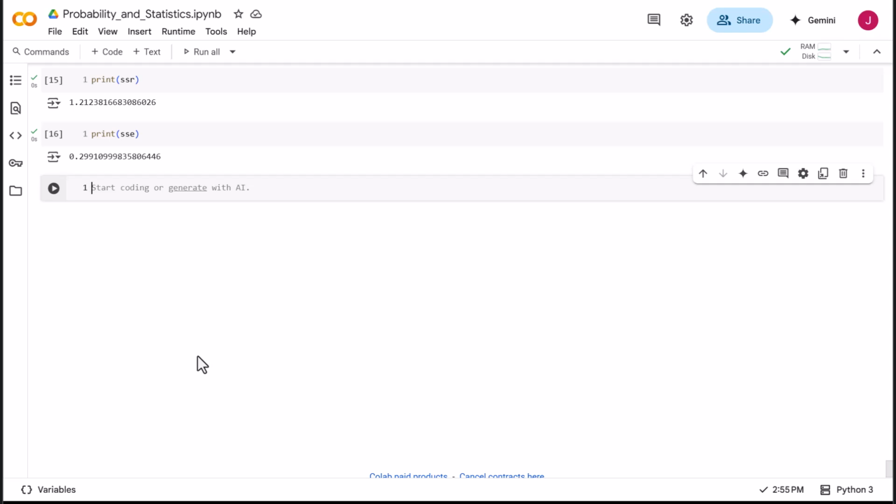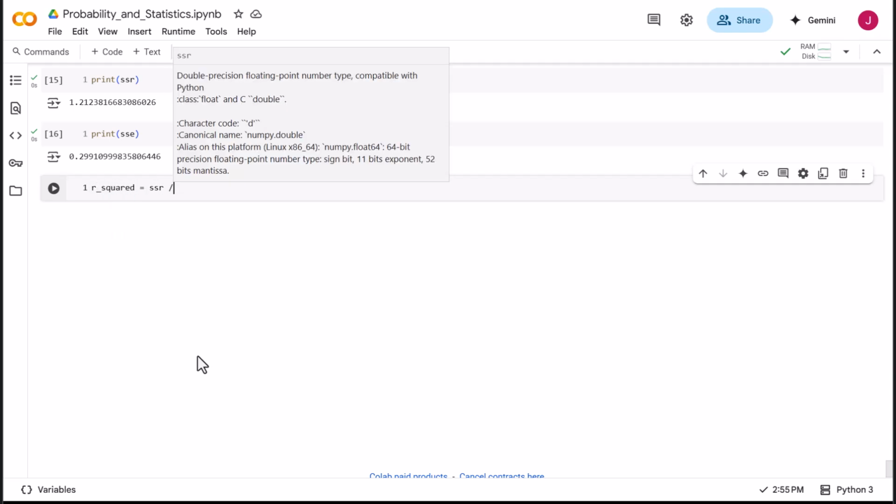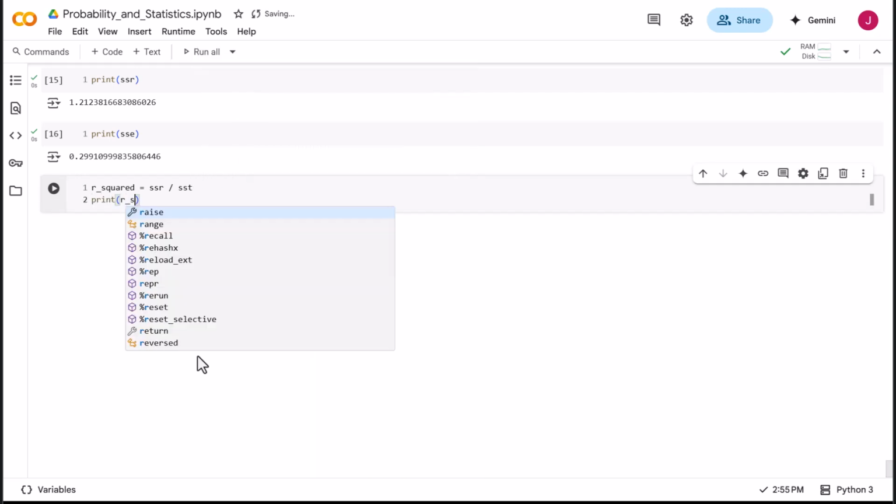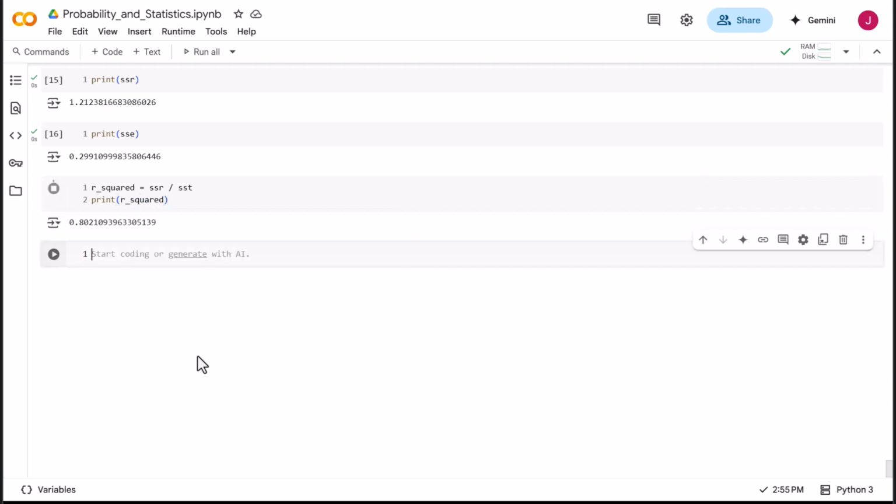And then I can calculate the R square. R squared is equal to SSR divided by SST, which is 0.8, right? And also I can calculate R as the correlation coefficient.